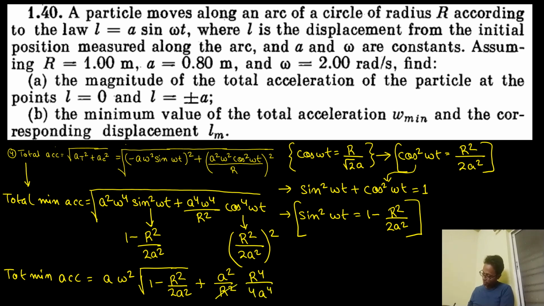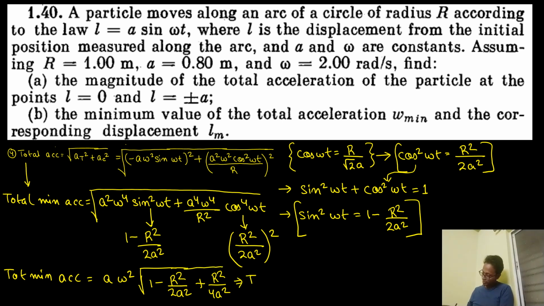So r square, a square, a square. Okay, let's make it neat and clean. R square by a square, r square by a square. Let's take this inside, plus r square by 4a square, and let's remove this instead of making it long. I'm just making it neat and clean.